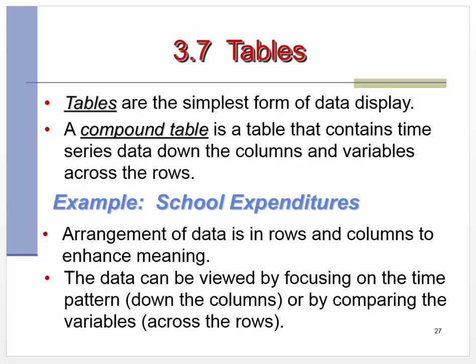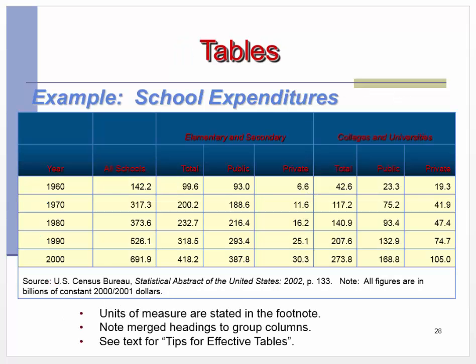Tables. Tables are the simplest form of data display. A compound table is a table that contains time series data down the column and variables across rows. For example, school expenditures. A range of data is in rows and columns to enhance meaning. The data can be viewed by focusing on the time pattern down the columns or by comparing the variables across rows. Like this one, the school expenditure.